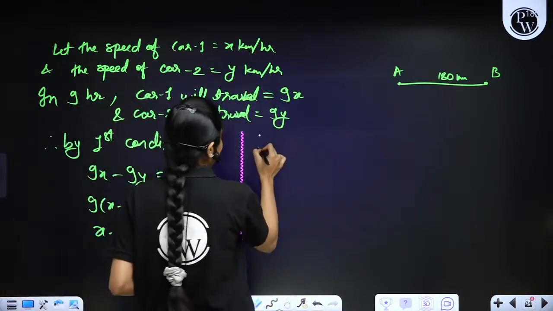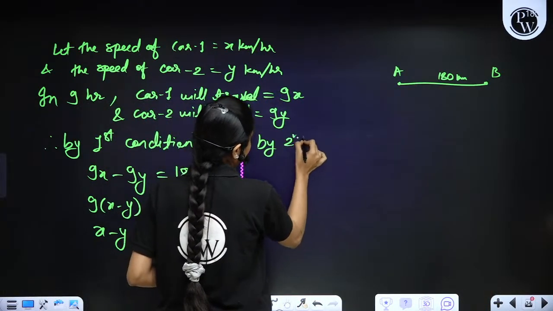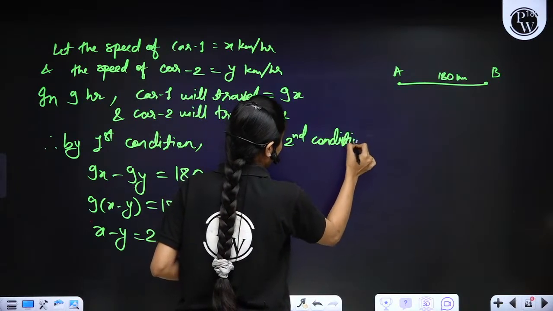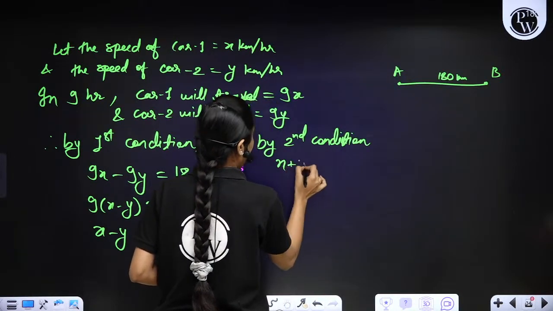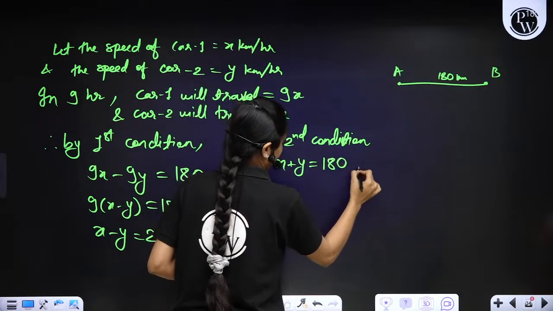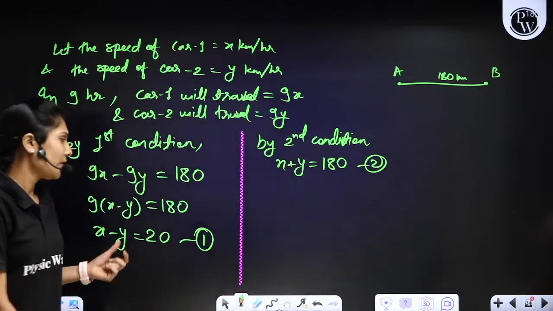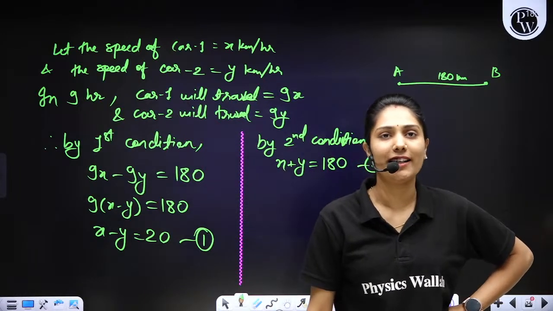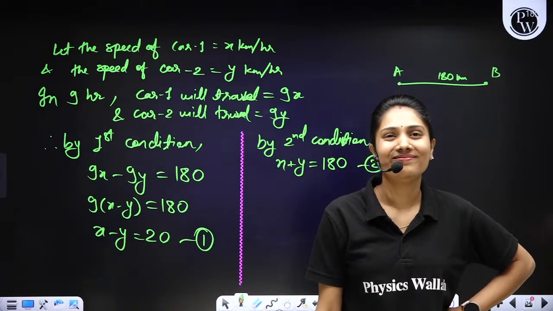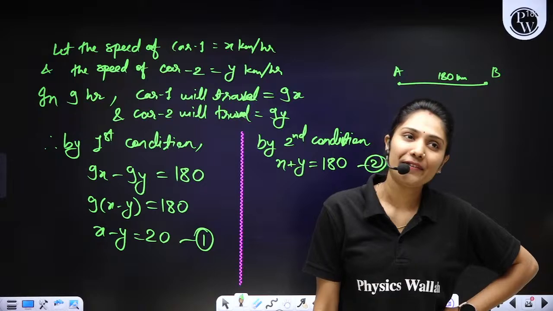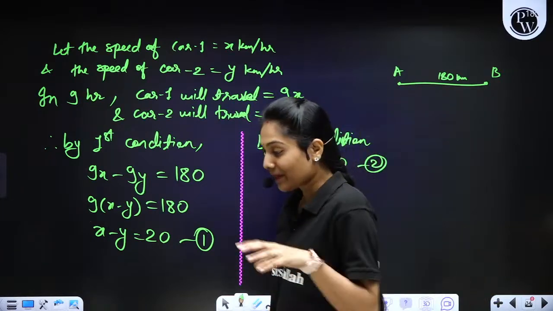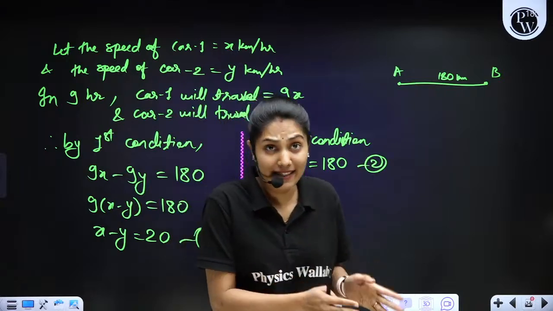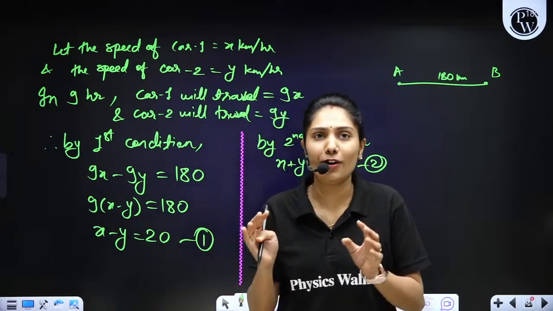So by second condition, x plus y is equals to 180. This is our equation number 2. So we can easily solve these two conditions. Yes, absolutely correct, beta Soha. We can easily add and simplify these two equations. So before my answer, just tell me what will be the value of x and y.